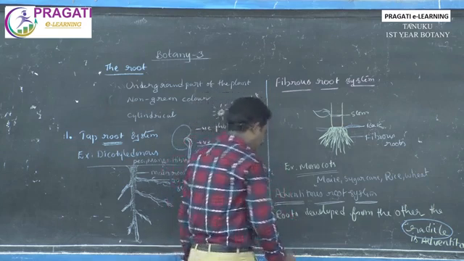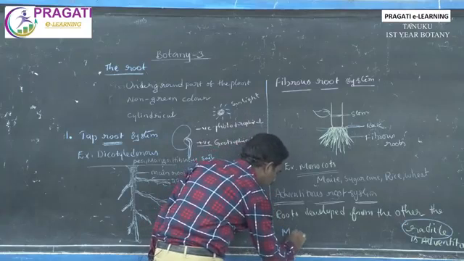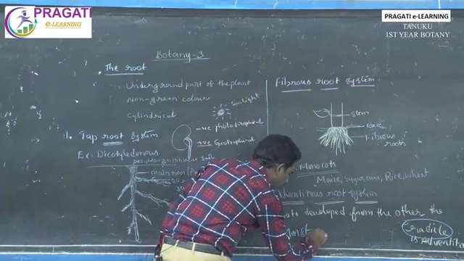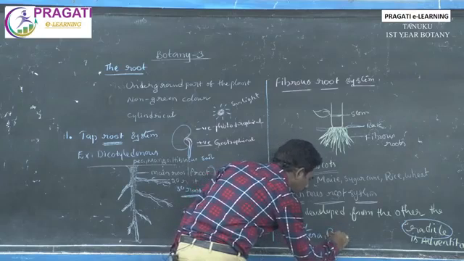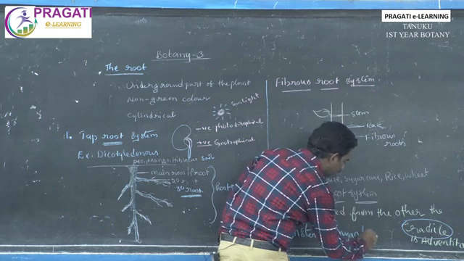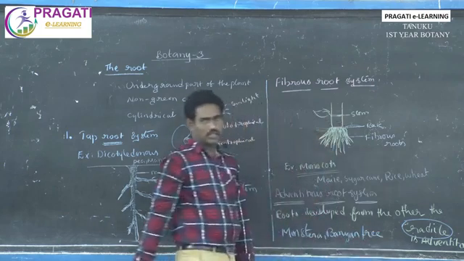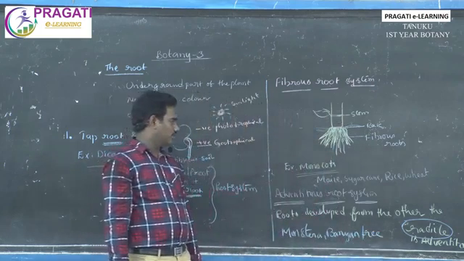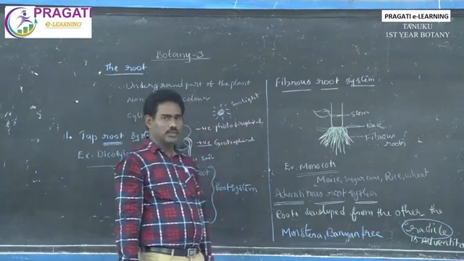For example, monstera and banyan tree. These are the three types of root system.